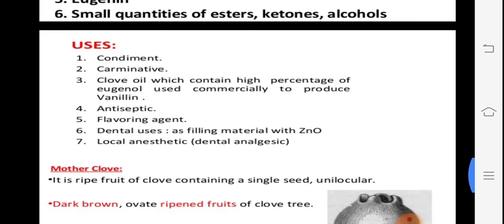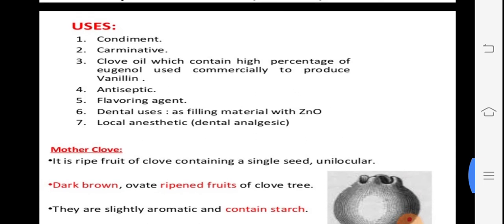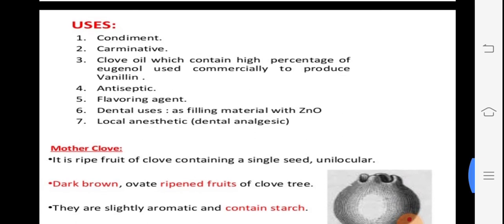Commonly in India it is used as a condiment. Condiment means as a fresh spice, and dried it is called a spice. Then carminative, it removes intestinal gases. It is a good source of eugenol.